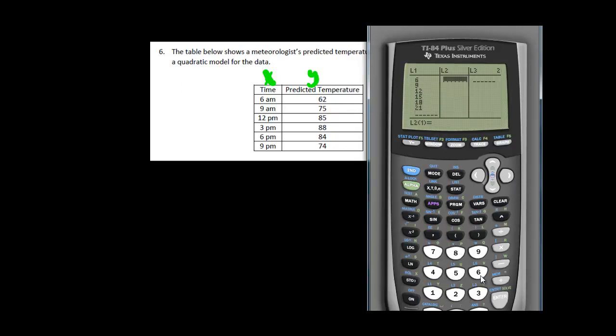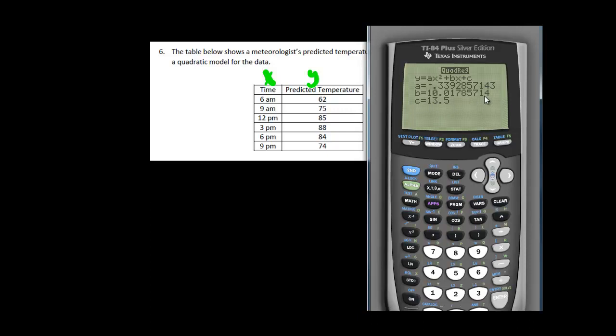So let's put these in. 62, 75, 85, 88, 84, 74. Let's quit, stat, calc, 5. Go down to calculate, enter. This is your answer, your quadratic.